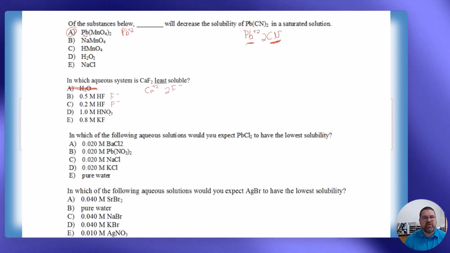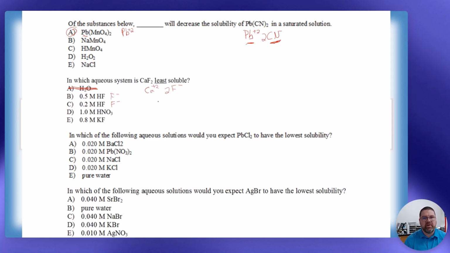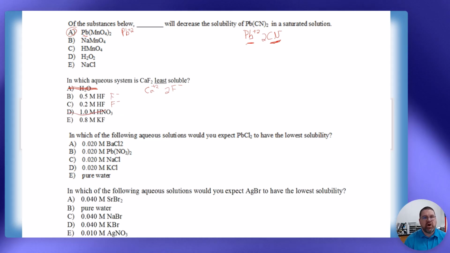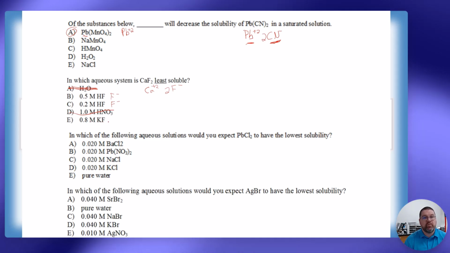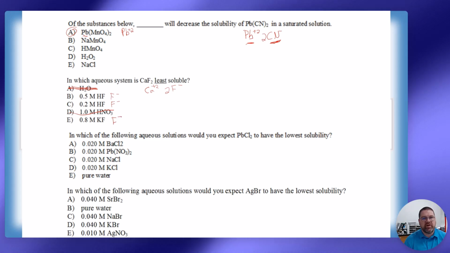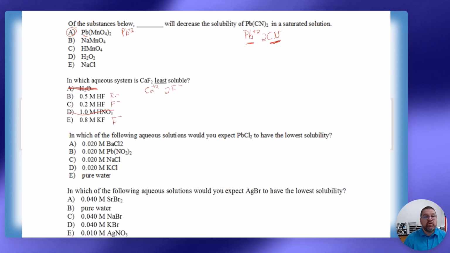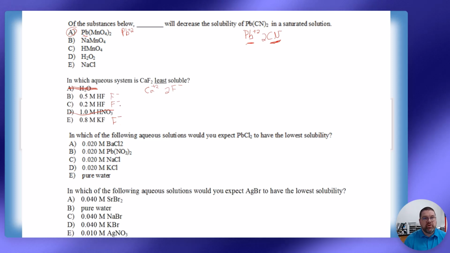Nitric acid, HNO3, okay, not producing calcium ion, not producing fluoride ion, so that's not going to give us a common ion. And then 0.8 molar of the potassium fluoride. Again, that is a soluble salt, so that's going to give us fluoride ions. So now we have 3 potential contributors of common ions.